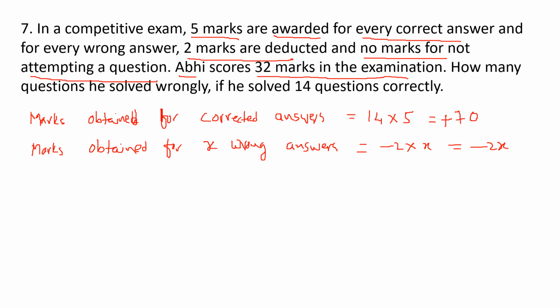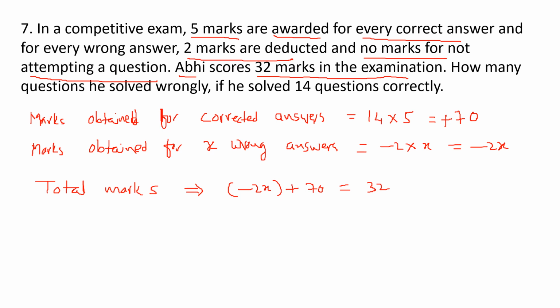Now the total marks is already given. So I can calculate total marks like this. Total marks will be -2x for wrong answers plus correct answers. Correct answer is 70. But the total marks actually given is 32 in the question. So from here I can find out the number of wrong answers.